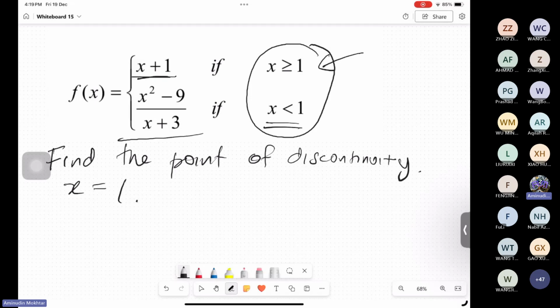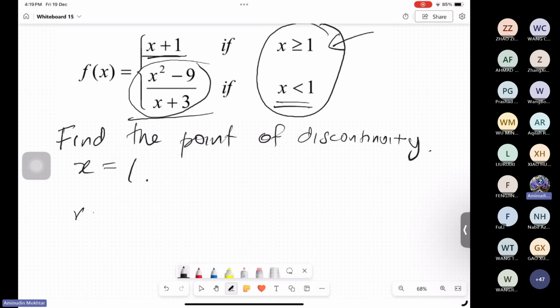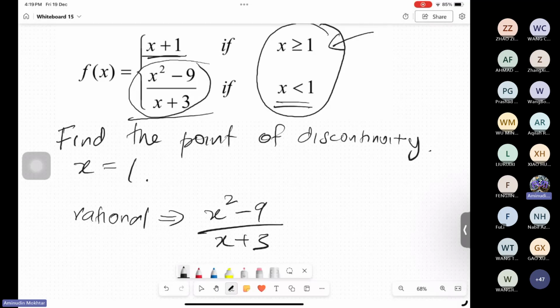If there is a rational function in f(x), a ratio function, this f(x) has a rational part.